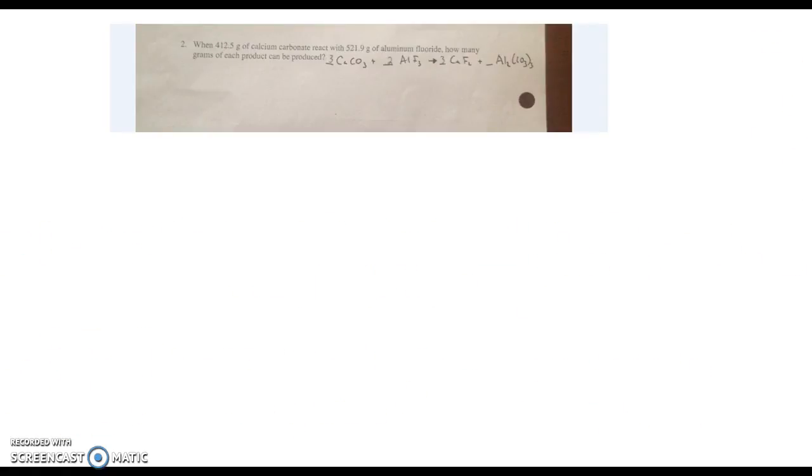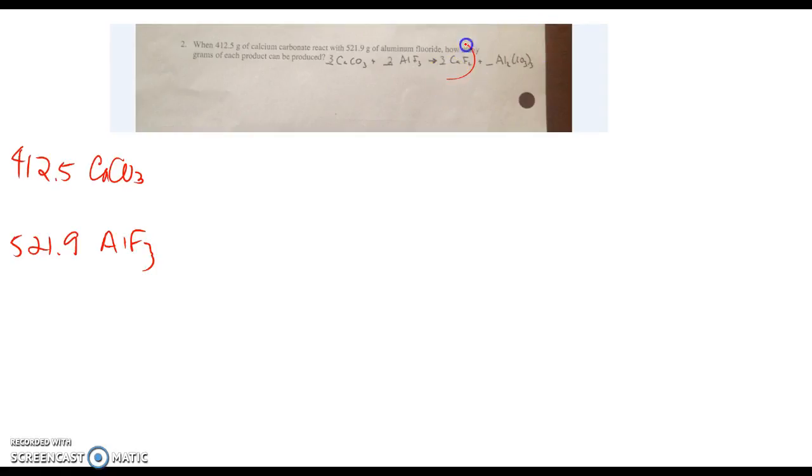Next one. When 412 grams of calcium carbonate react with this much aluminum fluoride, how many grams of each product can be made? Well, we have to pick a product. We're going to start with calcium carbonate, CaCO3, reacting with 512.9 grams of AlF3.